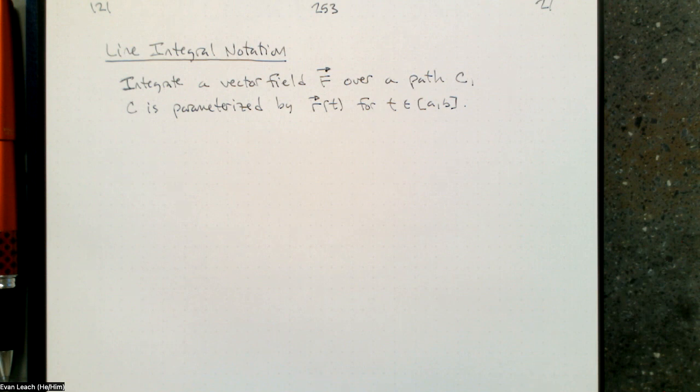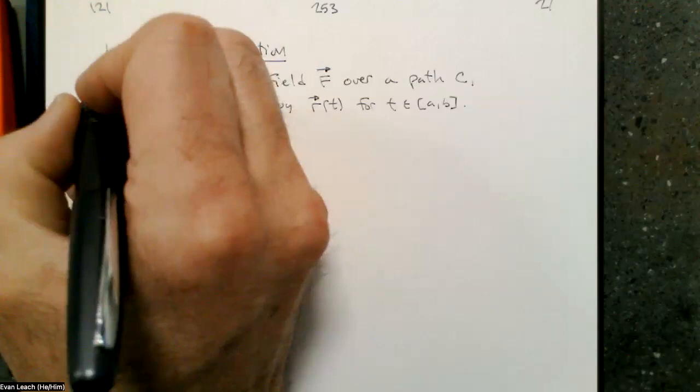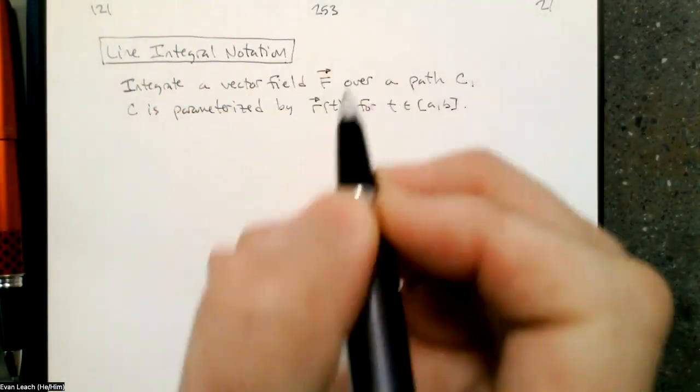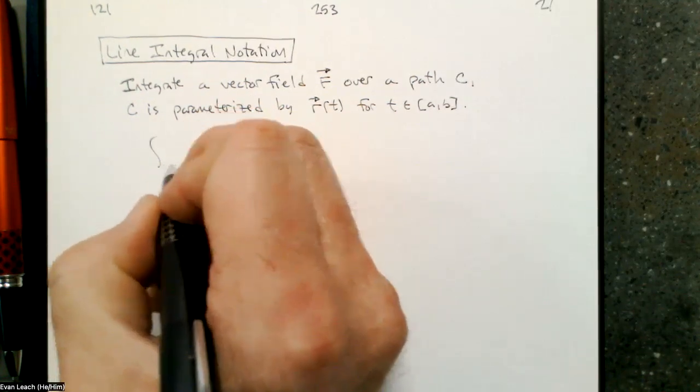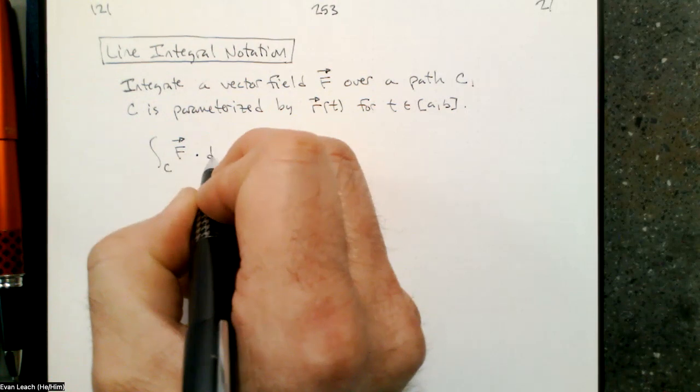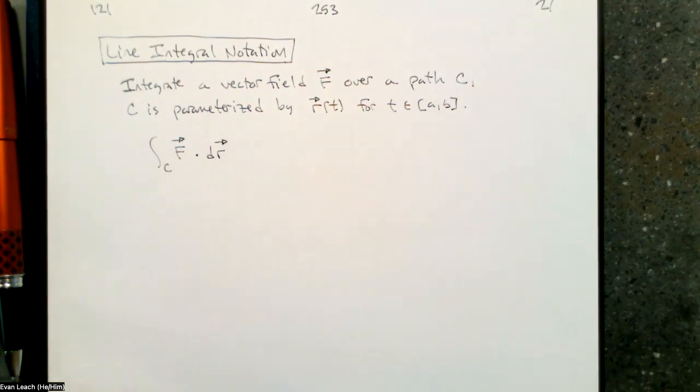The generic line integral notation is, say, the integral over C of F dot dr. dr is going to be a small piece of the curve, a small tangent to the curve. That's what that dr is.